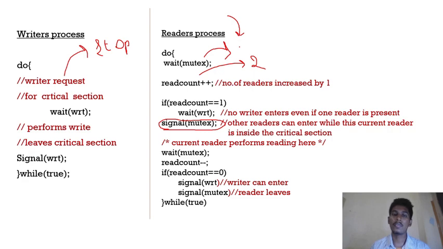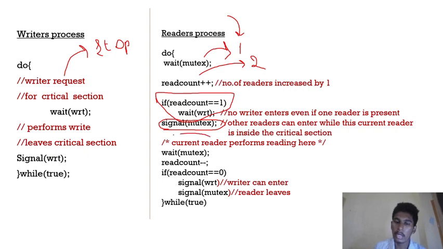Wait of mutex will become 1, and the read count will be 2. Here the condition won't be evaluated again, since read count is not equal to 1, it is equal to 2. It again signals the mutex to give access to another reader process. This will happen many times.